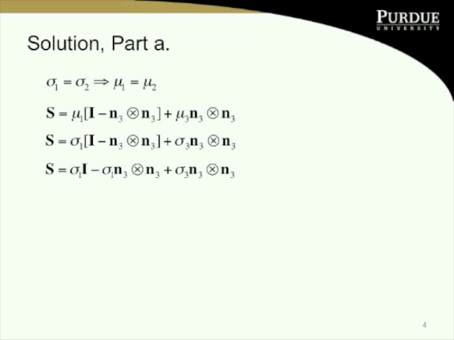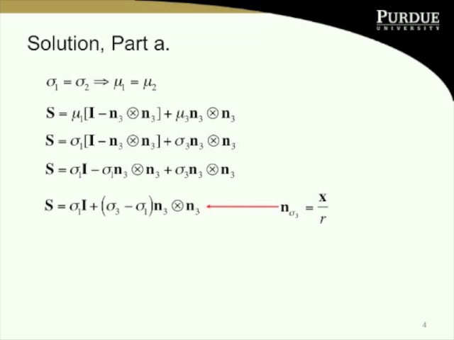So we do a little bit of algebra. We cancel some things out, and we come up with things in terms of n3. An important thing to note here, though, is that n3 is the unit radial vector associated with the distinct eigenvalue sigma 3.